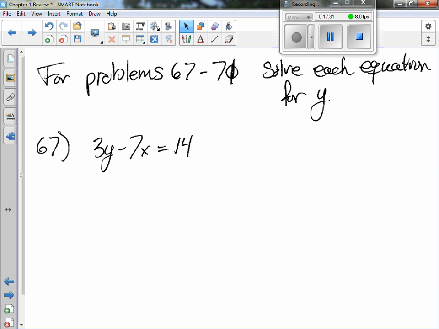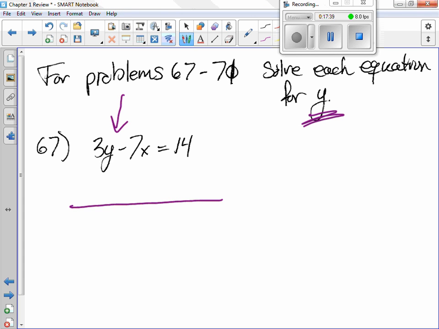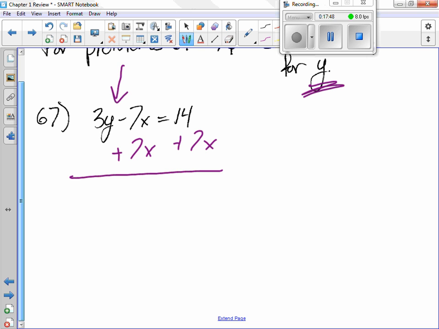Because we can look at these here. So we're solving these for y. So we want to get y by itself. So the first thing I want to do is move everything that's not y to the other side. So I'm going to add 7x to both sides, because negative 7x plus 7x cancels, and I get 3y equals 14 plus 7x.